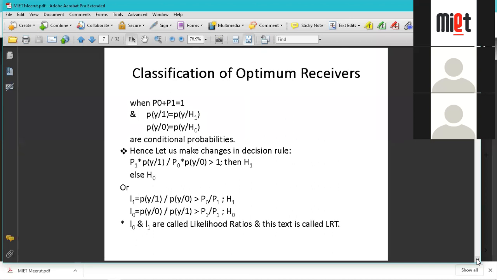We also know that P(y|1), because 1 is nothing but h1, hypothesis 1. Similarly, 0 is nothing but h0. So therefore, P(y|1) is equal to P(y|h1), and similarly, P(y|0) is equal to P(y|h0).